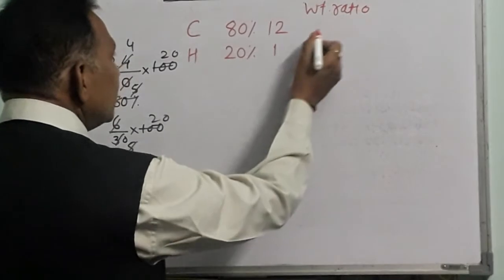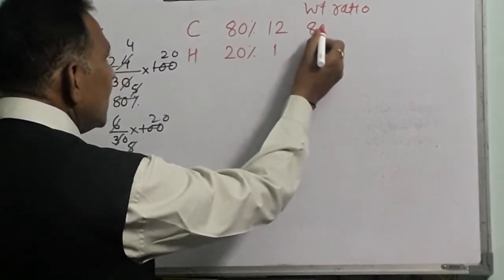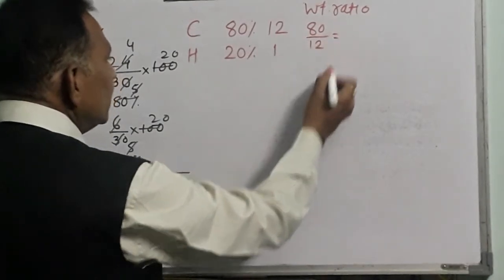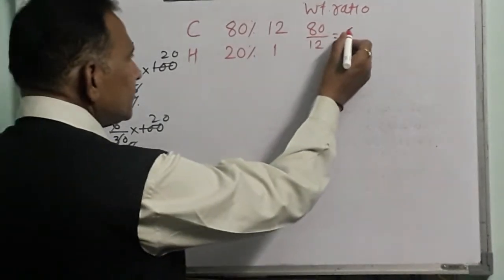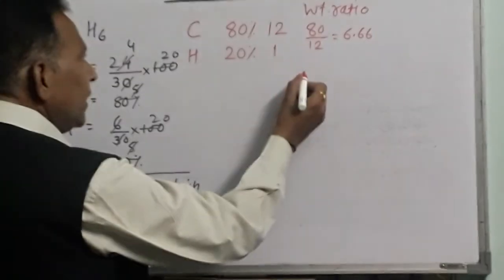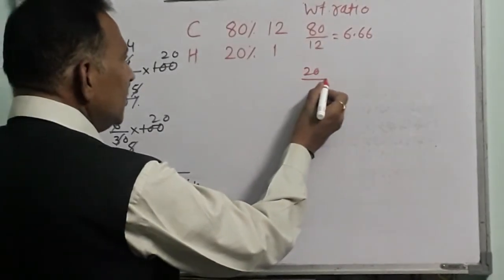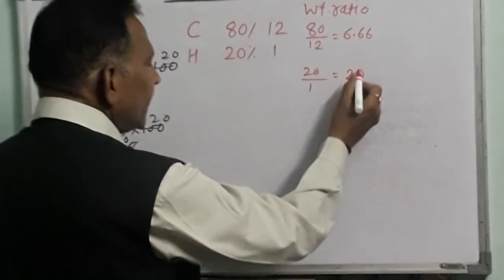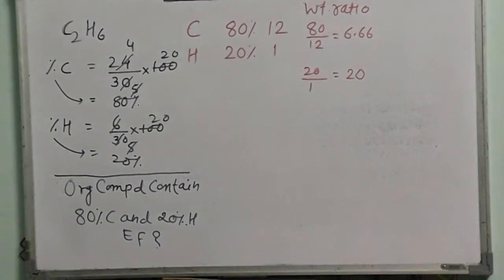So that is 80 divided by its atomic weight 12, which is equal to 6.66. And for hydrogen it will be 20 divided by 1, that is equal to 20.